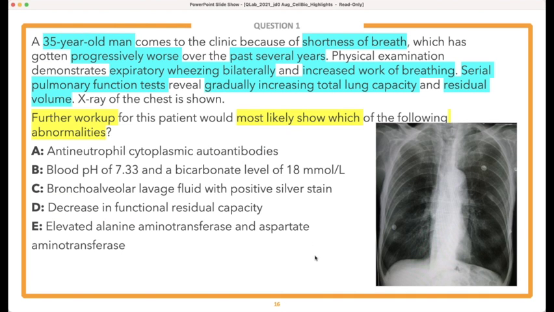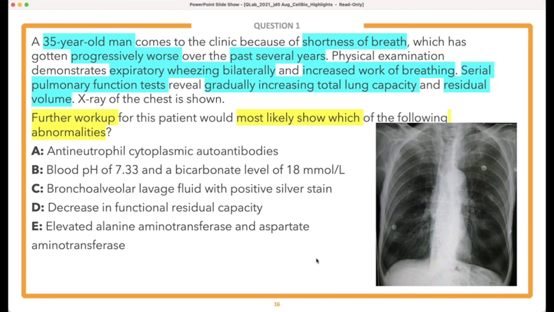Once again, we're going to start at the bottom and work our way up to the top. Answer choice E, elevated alanine aminotransferase and aspartate aminotransferase. Answer choice D, decrease in functional residual capacity.